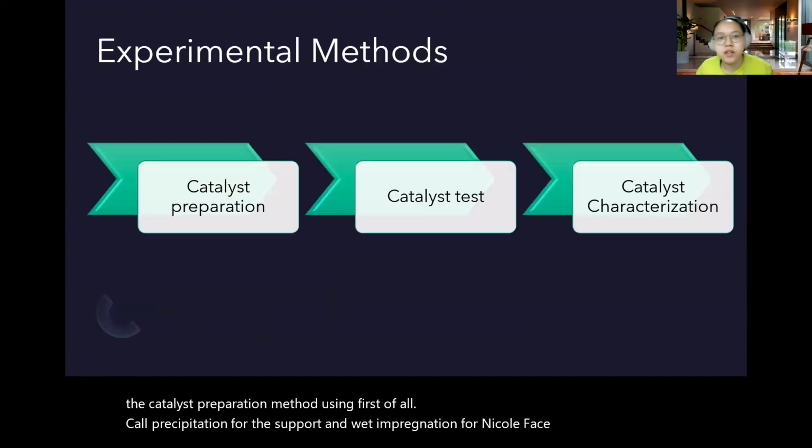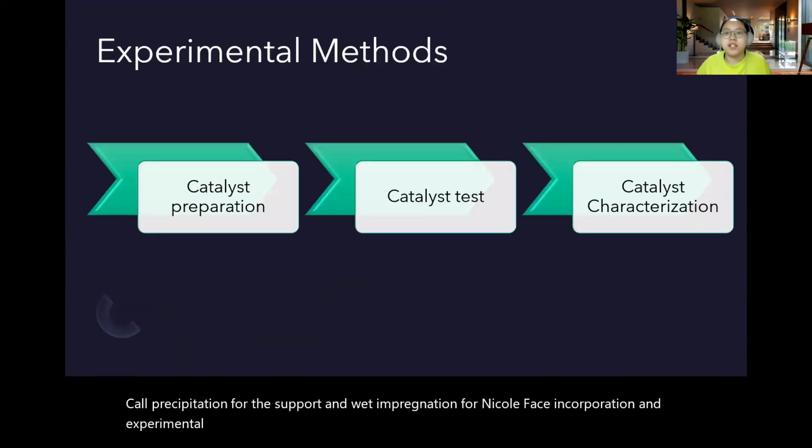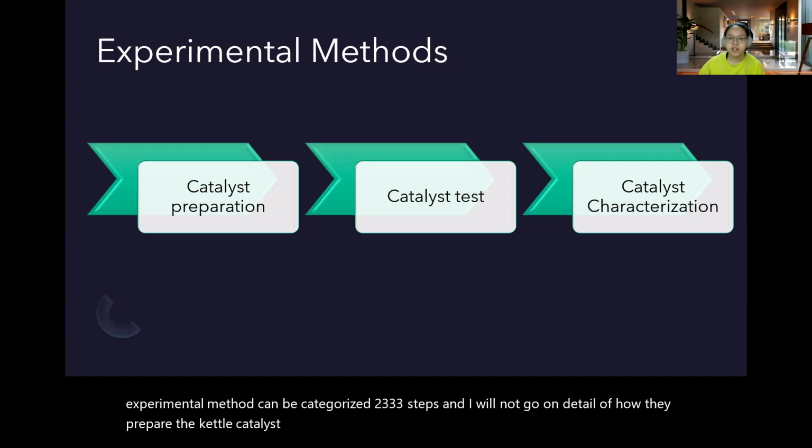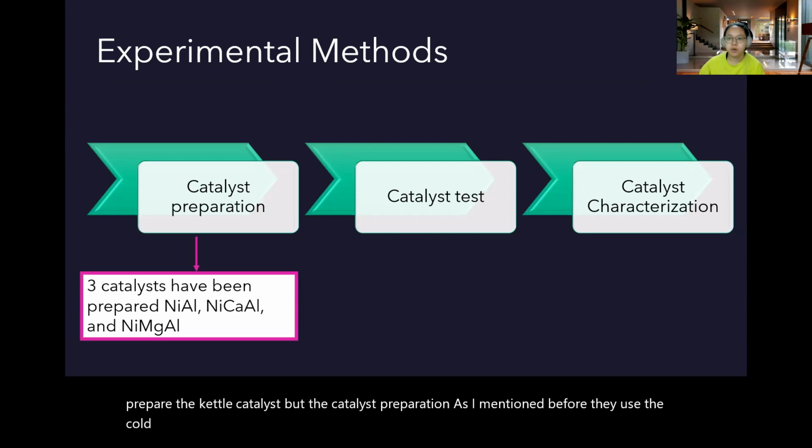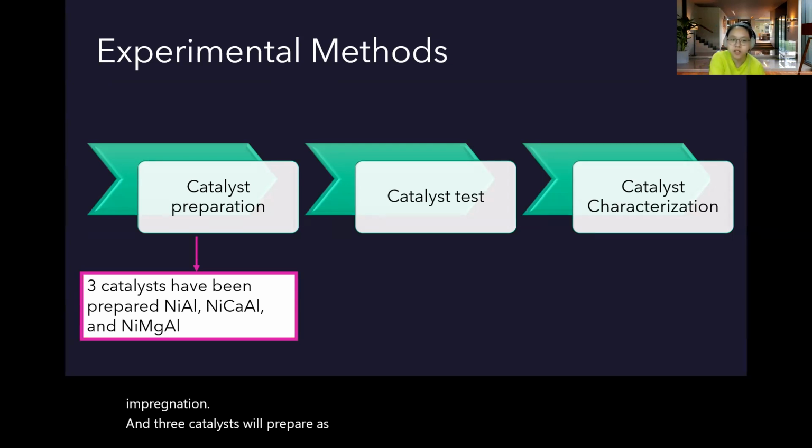The experimental method can be categorized into three steps. And I will not go into detail of how they prepare the catalyst, but for the catalyst preparation, as I mentioned before, they use the co-precipitation method for the support preparation and metal deposition by wet impregnation. And three catalysts have been prepared: nickel alumina, nickel calcium alumina, and nickel magnesium alumina.